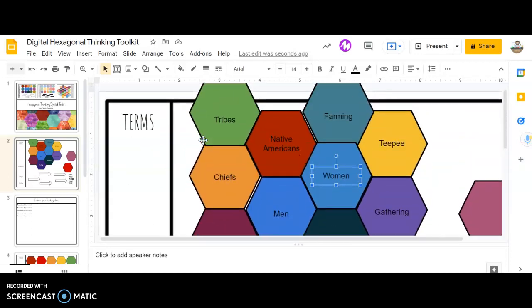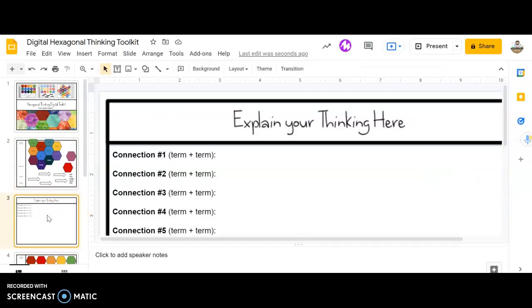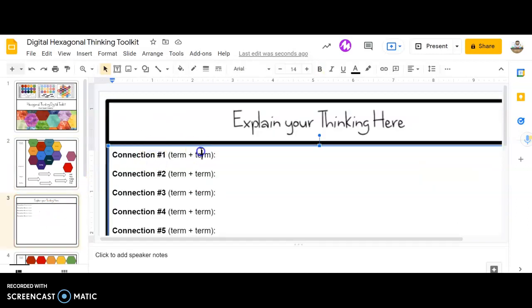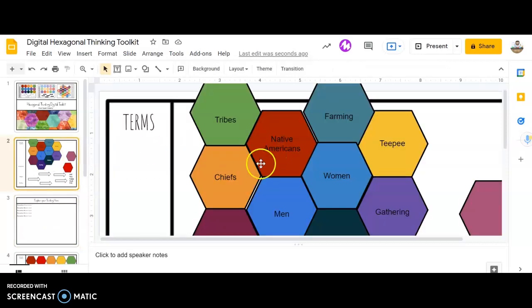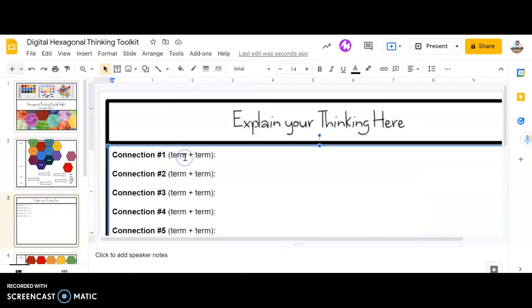Now, when you get done with that, on your second page, it explains your thinking, connections, and it says term plus term. Here's what I mean. What did men and chiefs have in common? So I come back over here and I type in men and I type in chiefs.